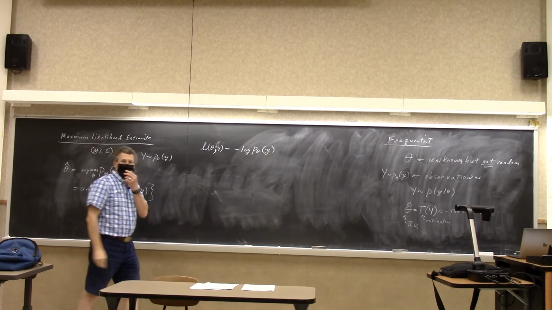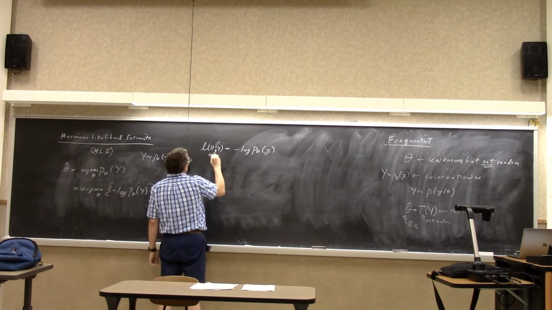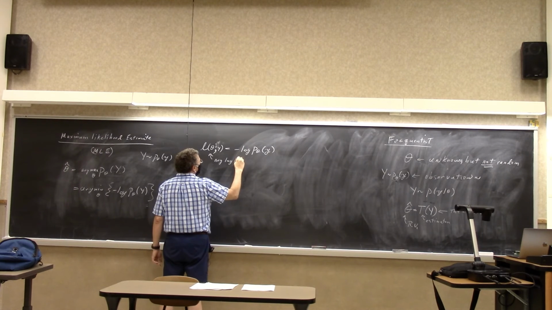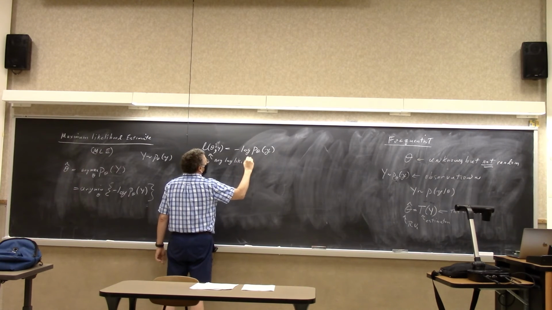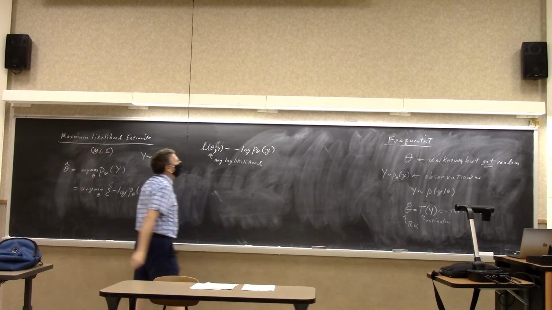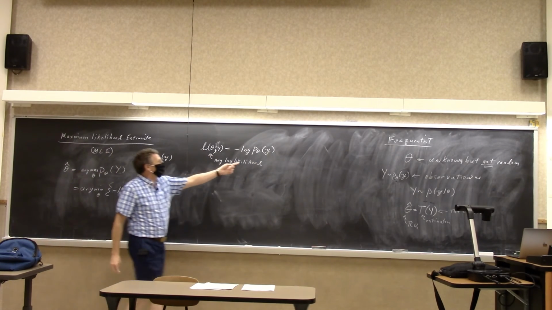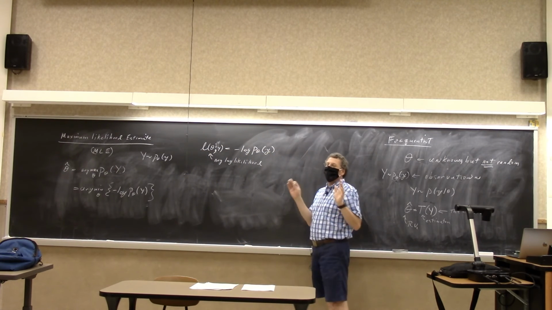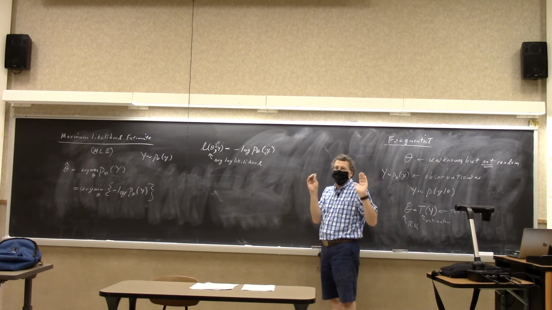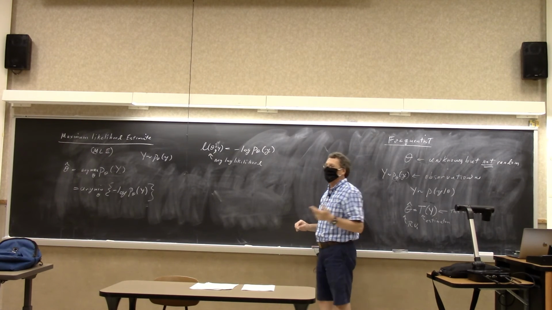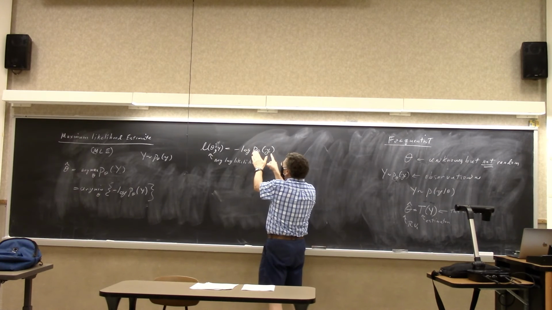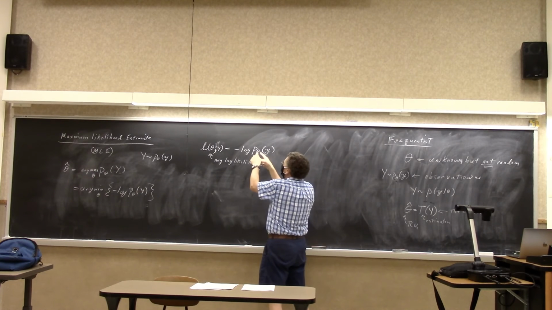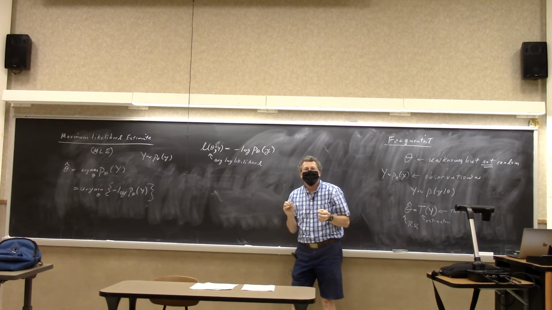So this thing is known as the negative log likelihood. Culturally, you'd say, well, this is just the log probability. The log probability and the log likelihood are two entirely different things, even though they're exactly the same. Talk about a contradiction. This is the log probability when I think of it as a function of y. But when I think of it as a function of theta, it's the log likelihood.